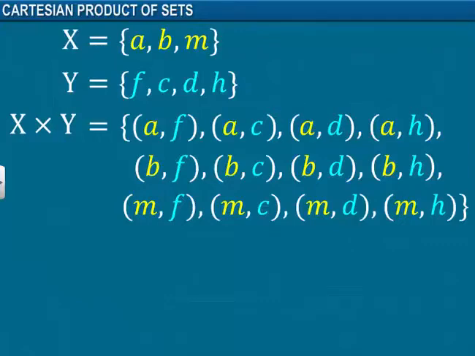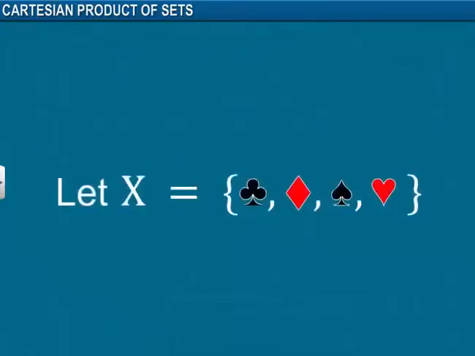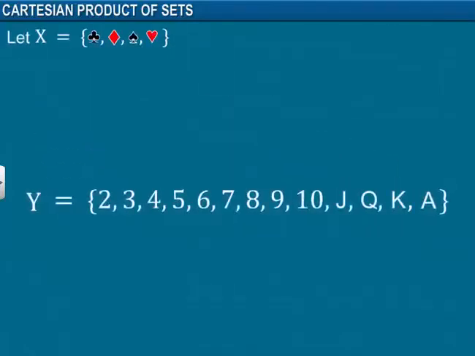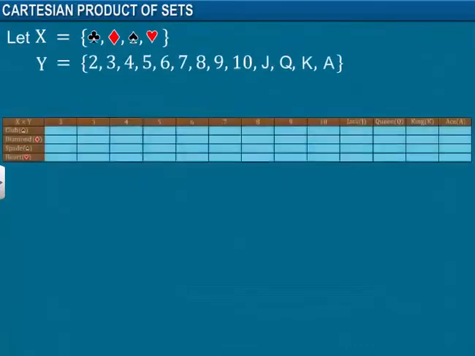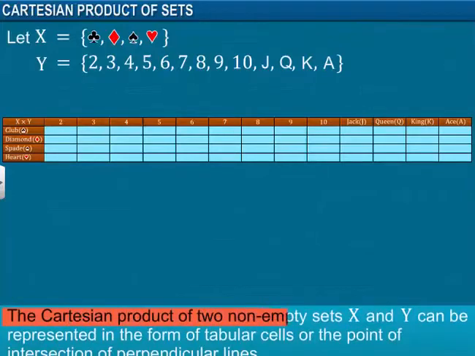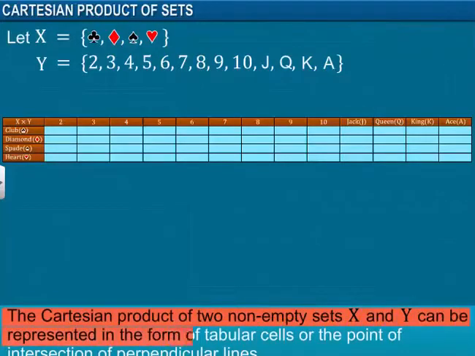Consider X to be the set of 4 different types of cards. Y denotes the set of all the numbers from 2 to 10, Jack, Queen, King, and Ace printed on the cards. The Cartesian product of two non-empty sets, X and Y, can be represented in the form of tabular cells or the point of intersection of perpendicular lines.